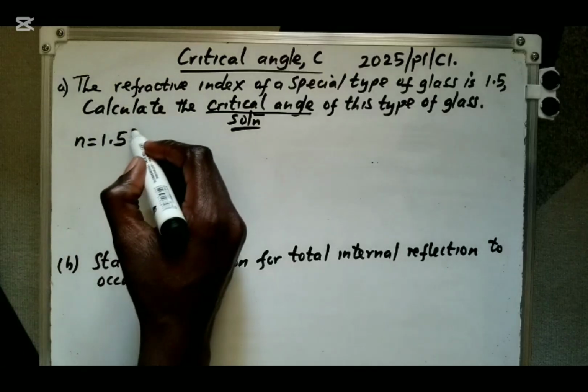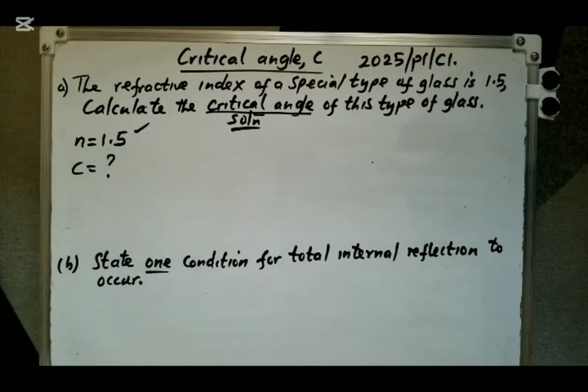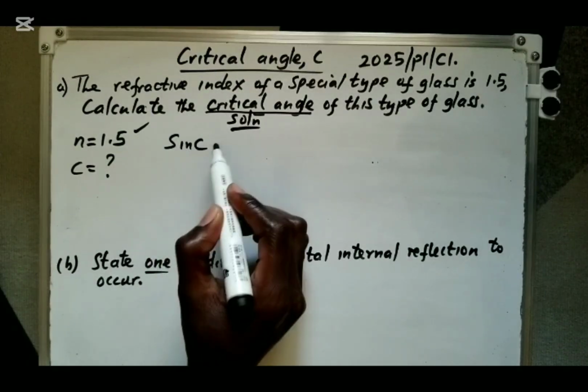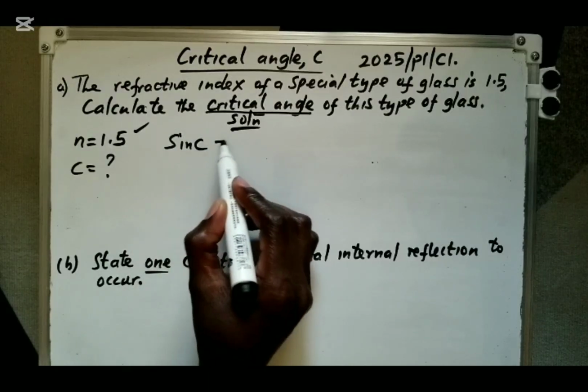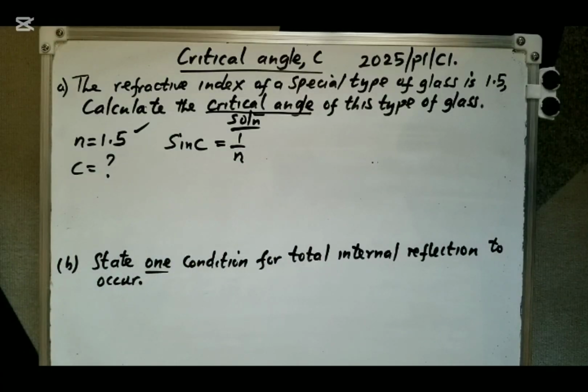So if you have the refractive index, yes, it is possible. You can calculate C, which we call the critical angle, for any type of material. So the formula that we apply is sine C, the sine of the critical angle, is equal to 1 over n, where n is simply the refractive index.